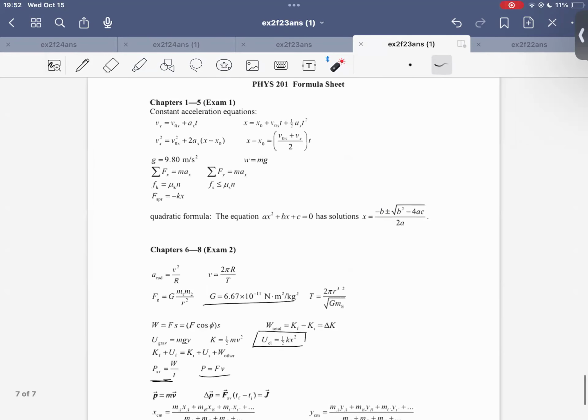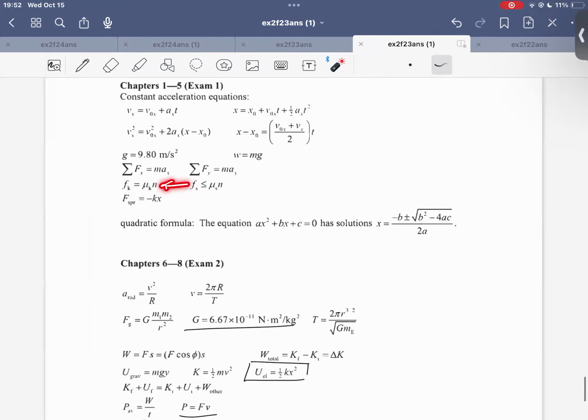But yeah, you'll need to know friction, right? This spring equation, I haven't seen it used anywhere, so it's probably not that useful. But do you know your friction?